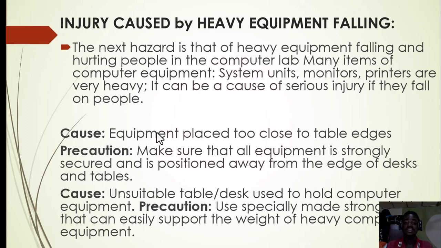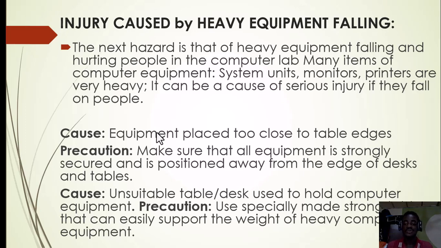Equipment placed too close to the table edge. When placing equipment on the table at the computer lab, make sure to center them or put them in a safe position. And the last cause for injury caused by heavy equipment falling is unsuitable tables or desks used to hold computer equipment.